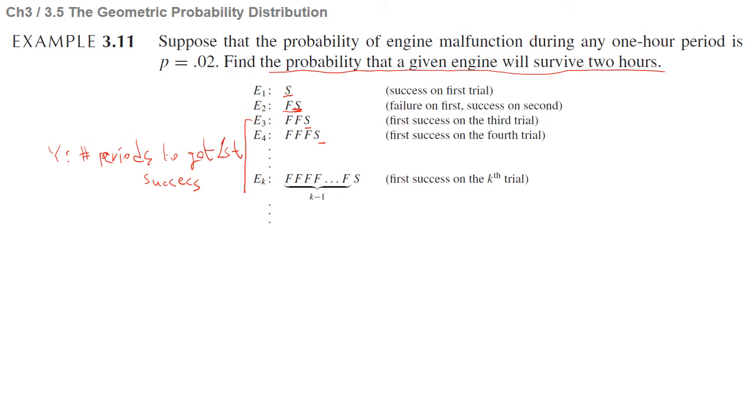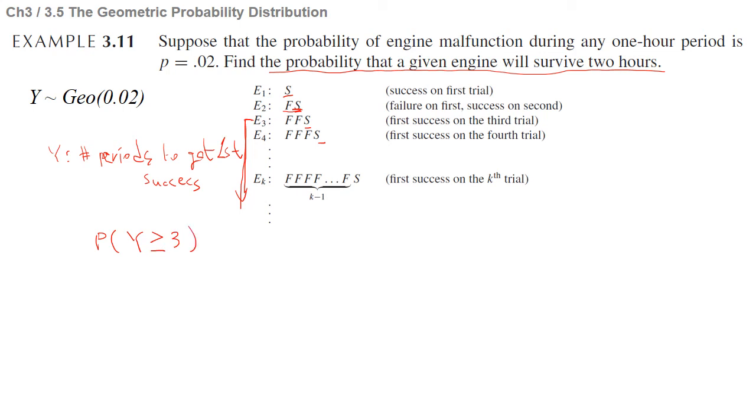So we are getting the probability of these events. Y follows a geometric distribution with 0.02, and we are interested in finding the probability of Y greater than or equal to 3.